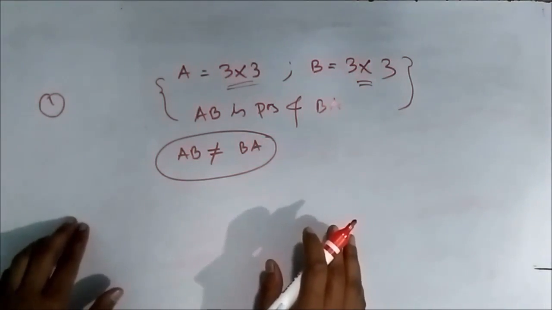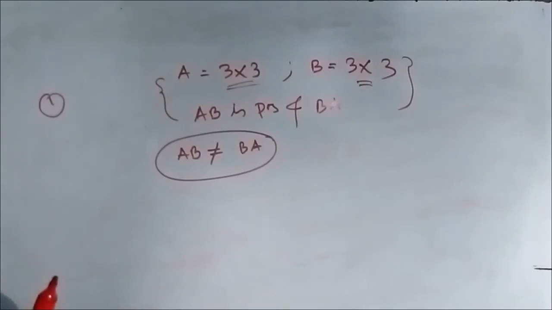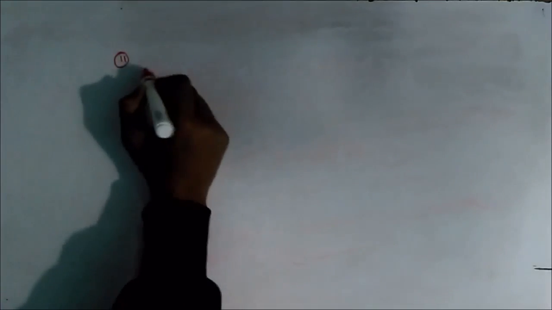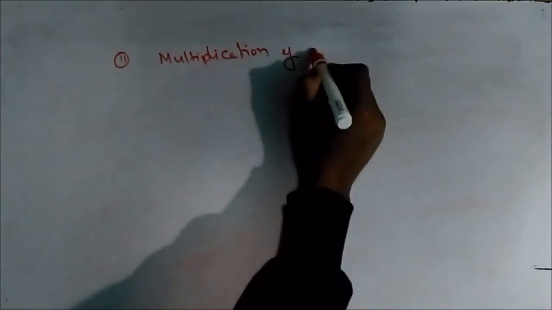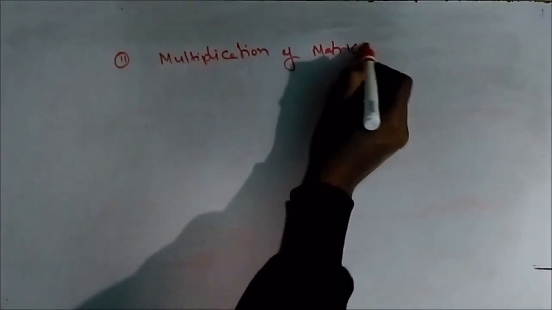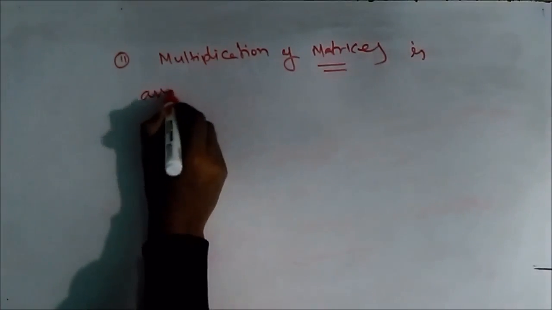The second property is about the associative property. The first property is that matrix multiplication is not commutative, and the second property is that multiplication of matrices is associative in nature.